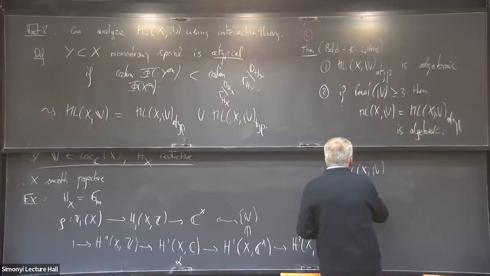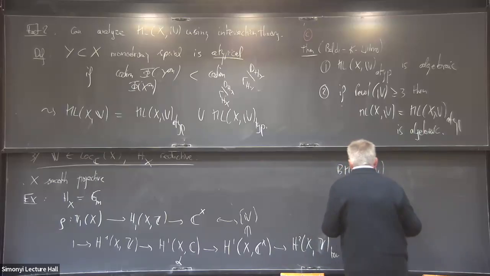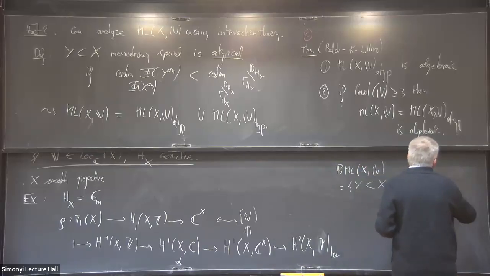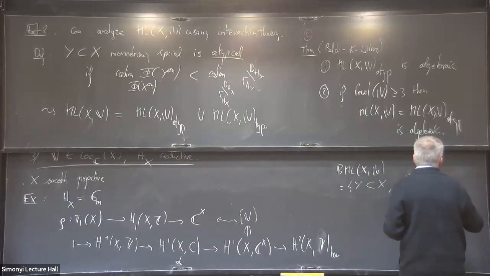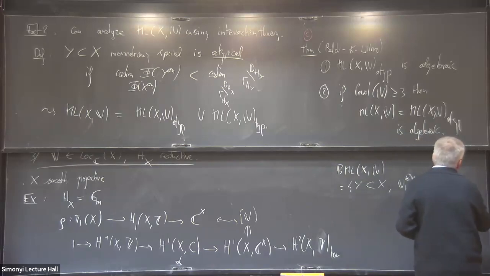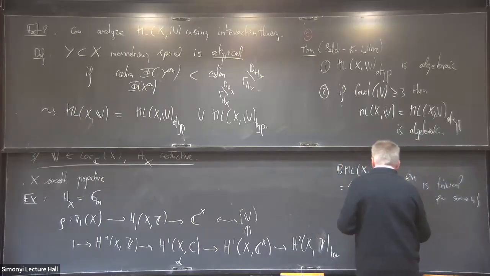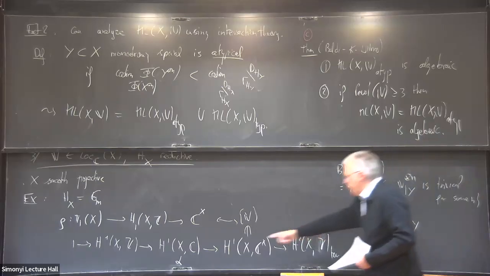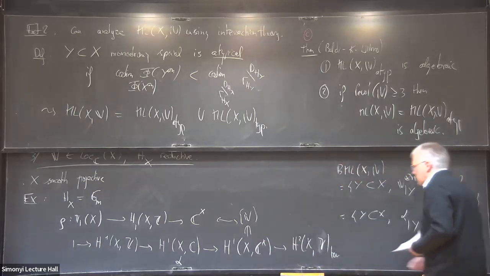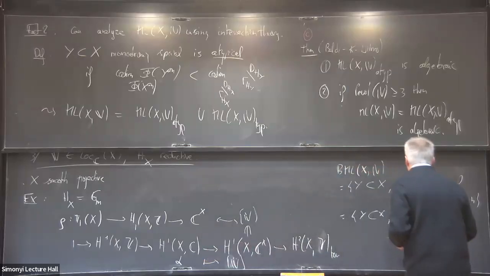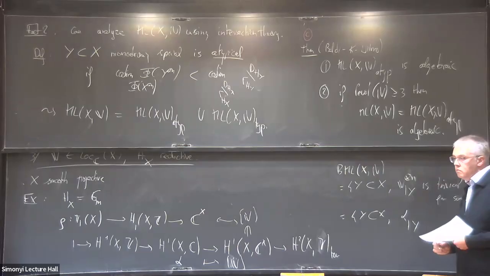This is the set of Y contained in X such that V tensor n becomes trivial for some n in restriction to Y. And so this means that this is the set of Y in X such that alpha, this one form, restricted to Y becomes rational.